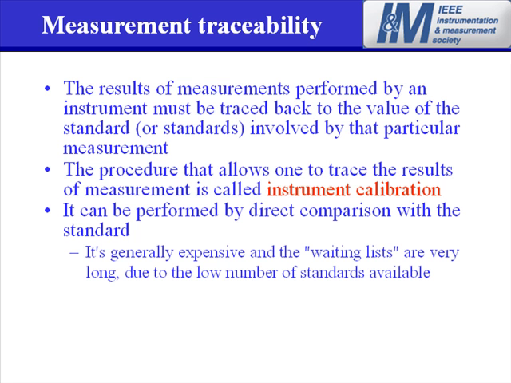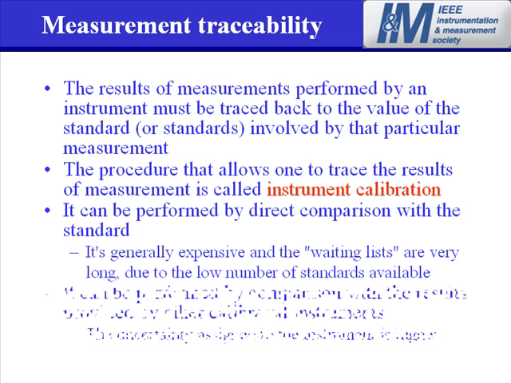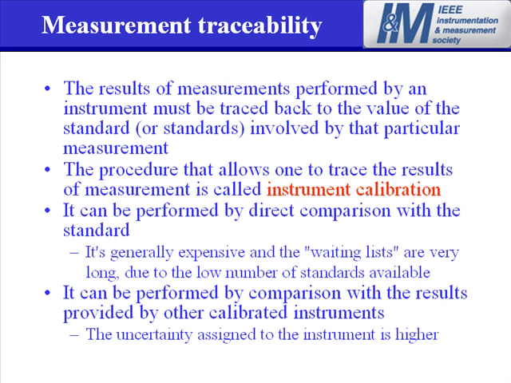It can be performed by direct comparison with the standard, that is, measuring the standard with the experimental setup employed in a particular measurement procedure. Theoretically speaking, this is the best way, but it's generally very expensive, and let's say that the waiting lists are quite long. The second way is to perform an indirect comparison with other instruments that have been calibrated.